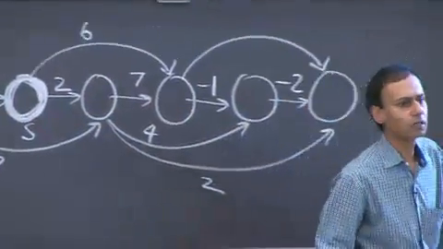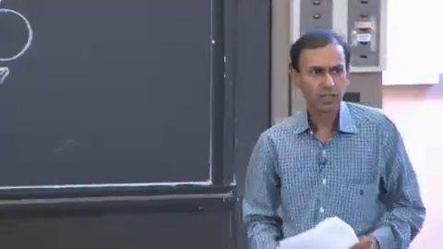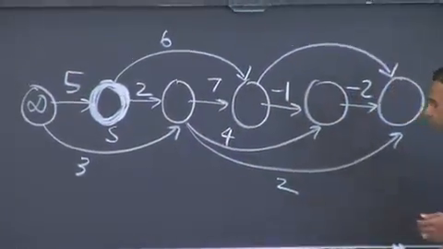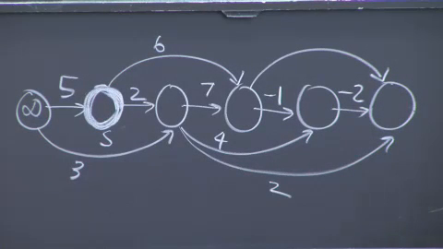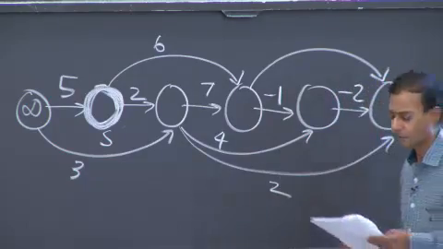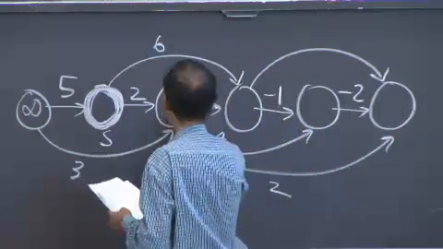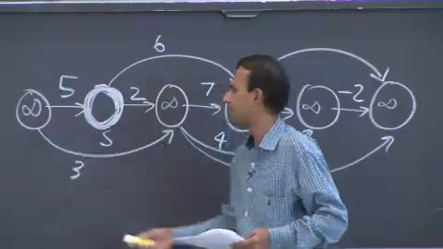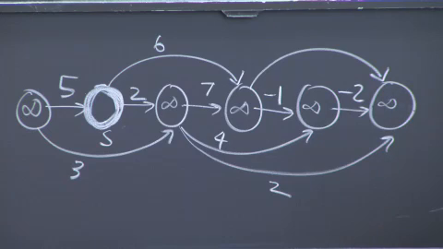And now I've got to do some work on relaxation, and I'm not going to get the shortest path instantly for a particular vertex once I get to it, because there may be better ways of getting there. And especially if I have negative edges, then it's certainly possible that a longer length path is going to be the shortest path. But what I'll do is take S, and I'm going to relax edges that emanate from S. And so in step 1, all of these are going to be infinity to start with. So everything is infinity. The ones to the left stay infinity. The ones to the right are going to be reachable.